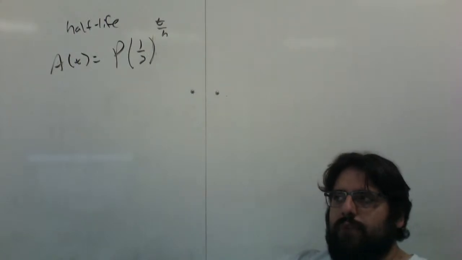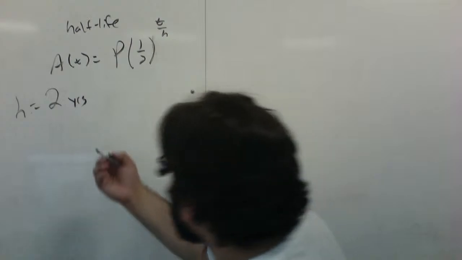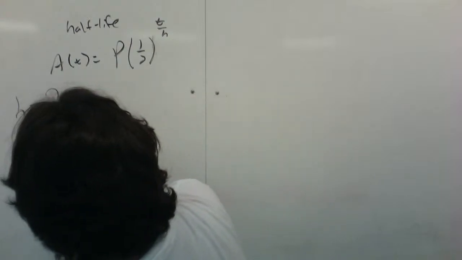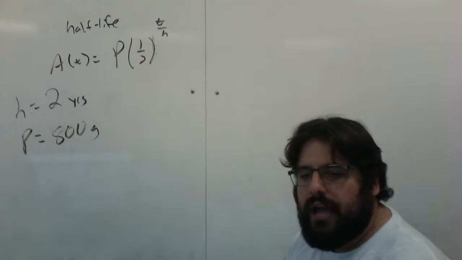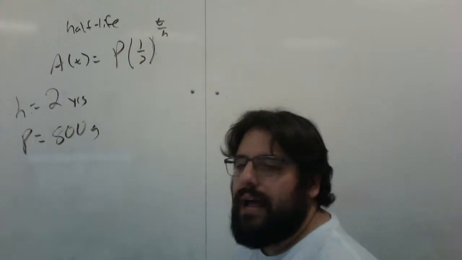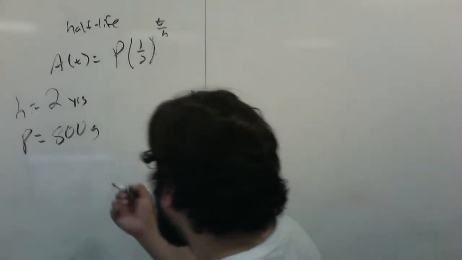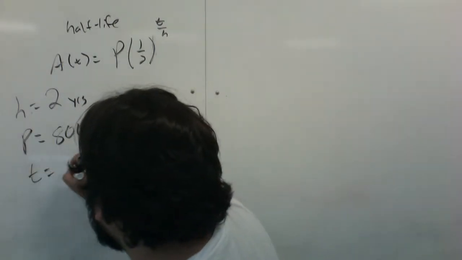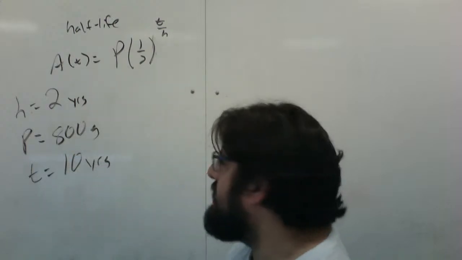Okay. So let's say a radioactive material has a half-life of 2 years, and let's say that you start out with 800 grams. Let me ask the question: how much of that radioactive material would be left after, let's say, 10 years? Well, let's find out.